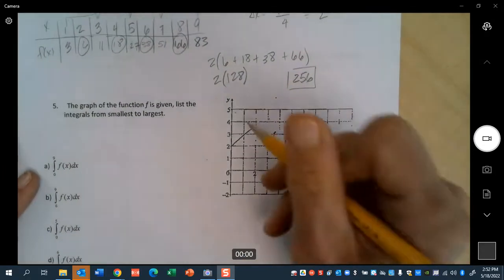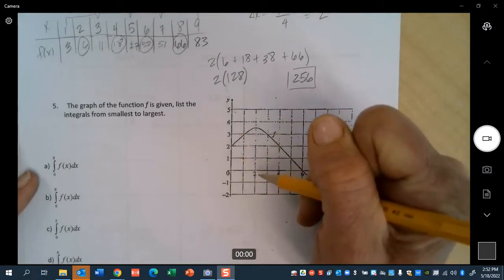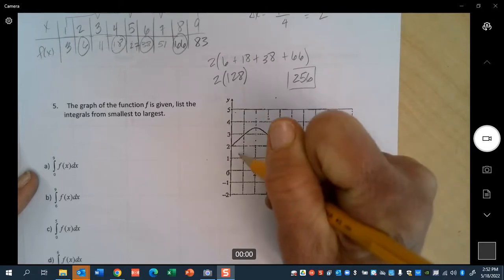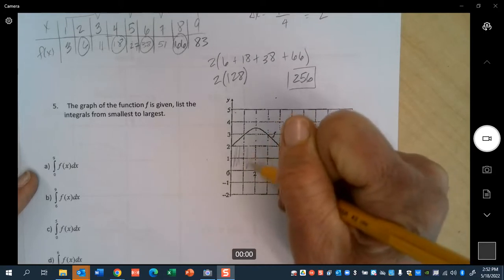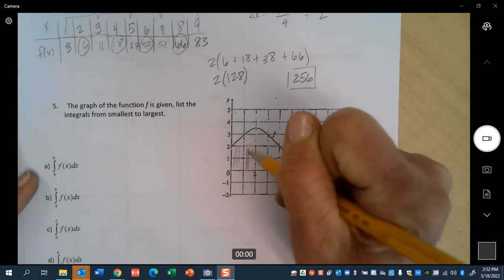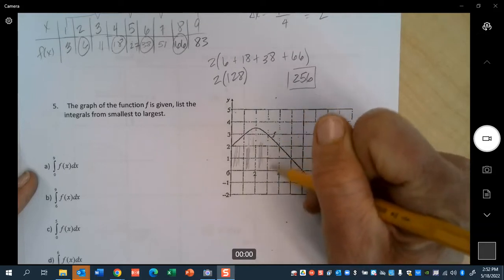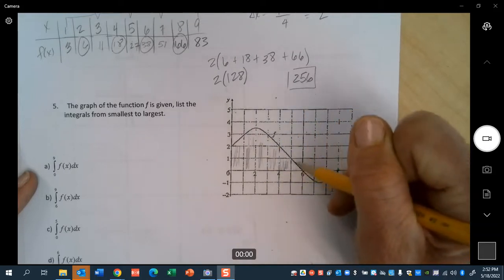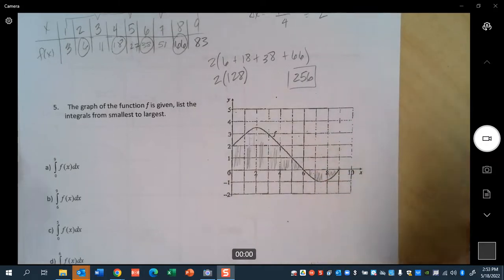So if we go ahead and we count our integrals. One, two, three, 4, 5, 6. We can go ahead and estimate, right? What do you estimate 9 as?